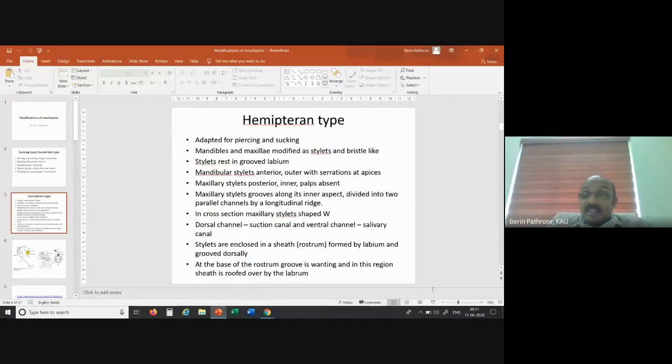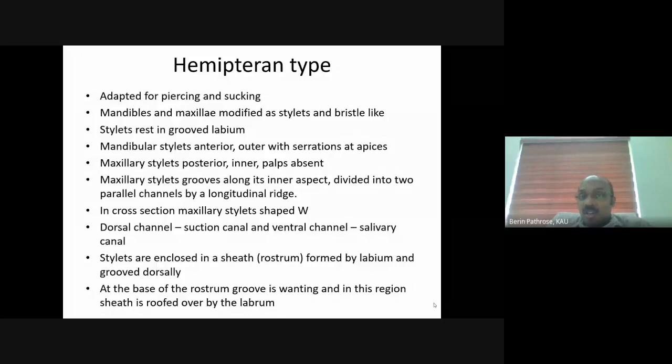Stylets means slender, elongate, bristle-like processes. Mandibles, as we have seen in general biting and chewing mouth parts, are hardened plate-like structures. But in hemipteran piercing and sucking mouth parts, the mandibles as well as maxillae are modified into bristle-like, elongated stylets.